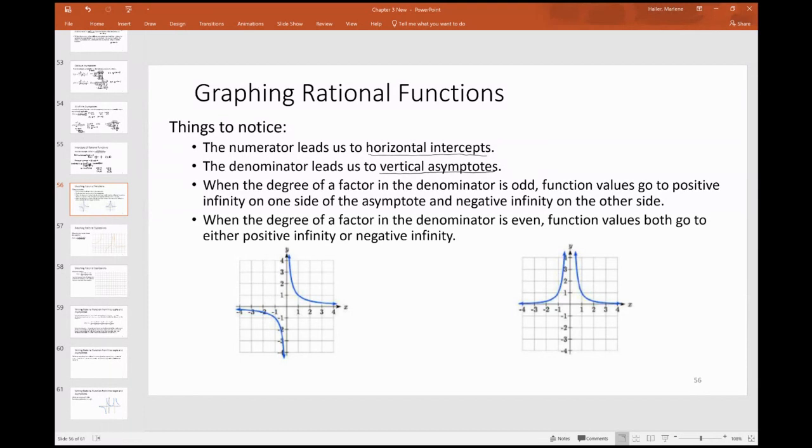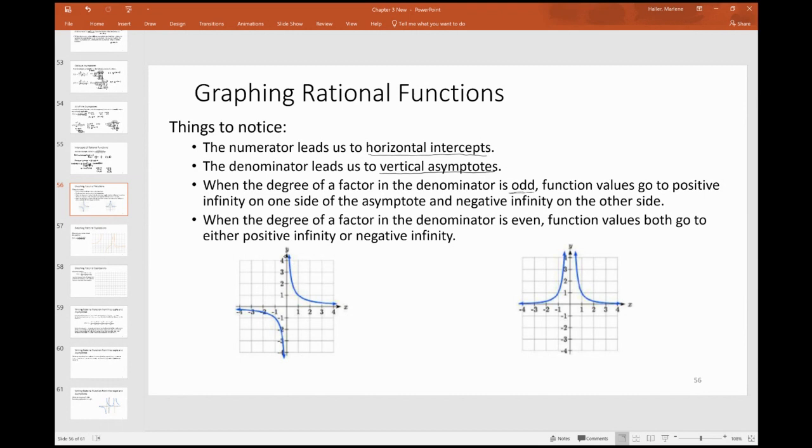Now, we can find our horizontal asymptotes by looking at the degree of the numerator and the degree of the denominator, okay? And then when the degree of a factor in the denominator is odd, the function values go to positive infinity on one side of the asymptote and negative on the other side.